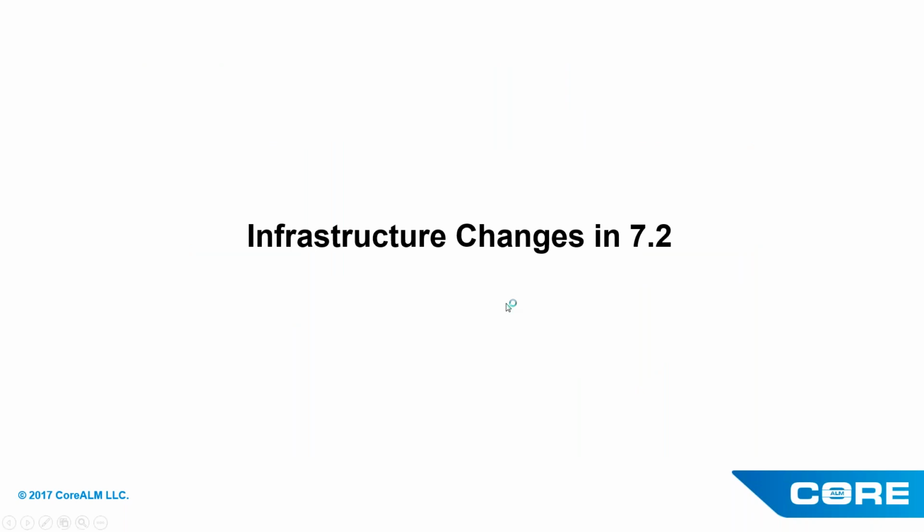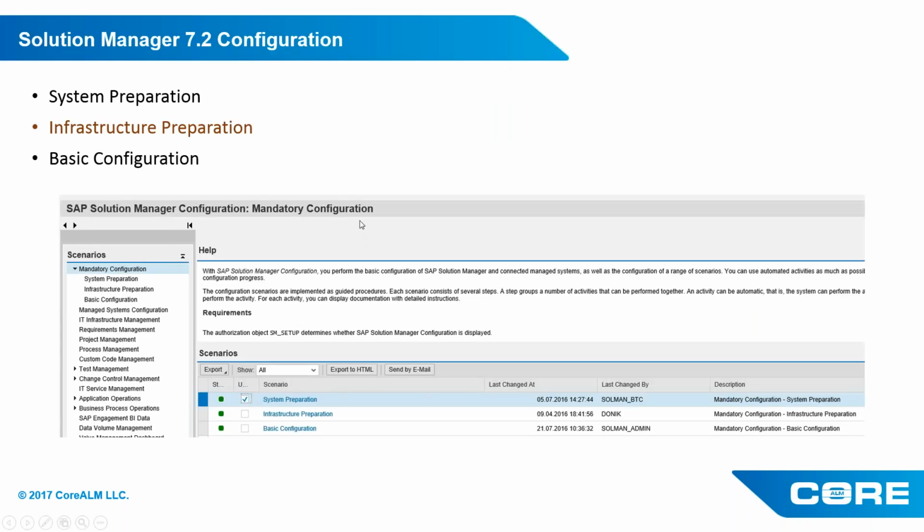From an infrastructure perspective, what has changed from a setup? SAP has broken down the mandatory configuration for Solution Manager. They've added a step called the infrastructure preparation. Due to more of the cloud integration, there's a new mechanism now for connecting to Service Marketplace.